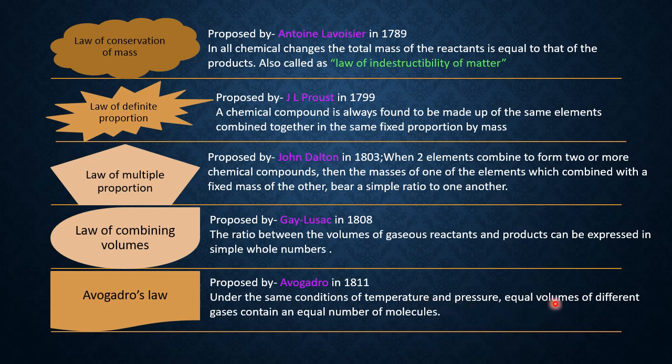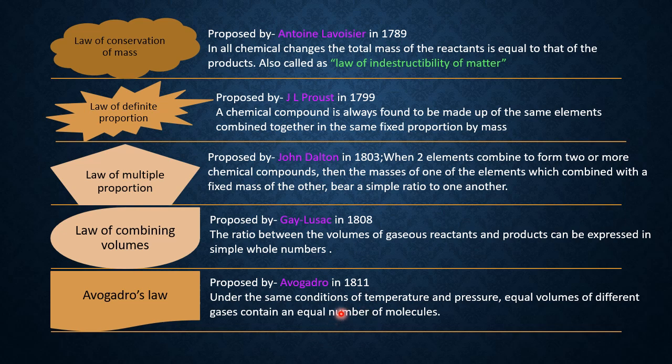So here equal volume means what? 22.4 liters of any gas contains the same number of molecules. In the ninth class, what we have heard is that 1 mole of any substance is made up of 6.022 into 10 to the power 23 particles of that substance.